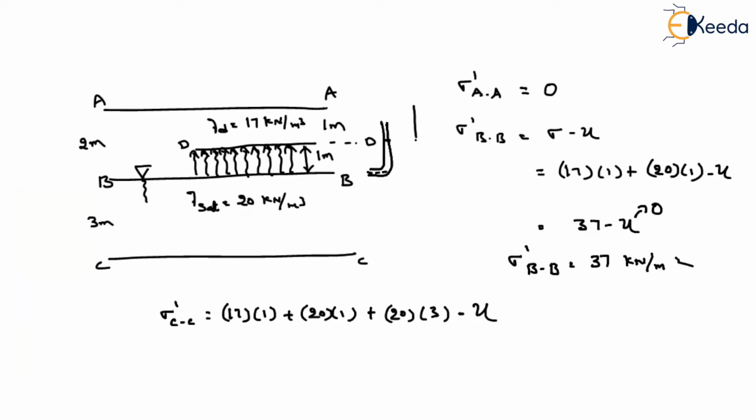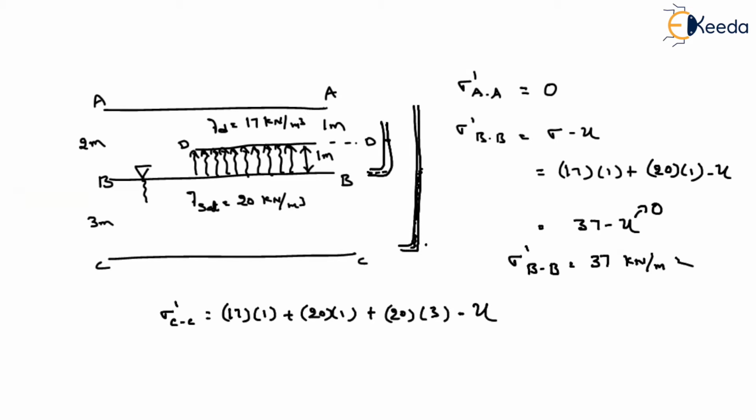Similarly, imagine if I keep my piezometer here, then how much will the water level rise? Up to the free water surface. Where is the free water surface? It is somewhere here. So what is the level from here to here? 3 meter. So what is the pore water pressure?